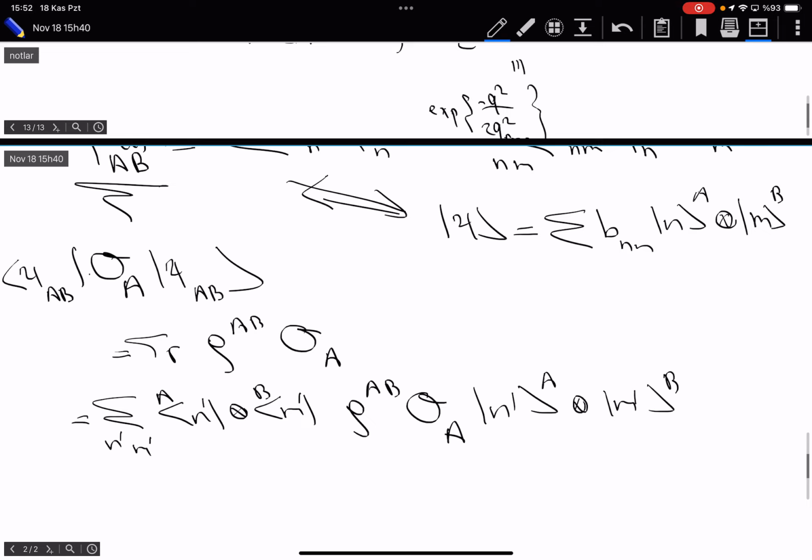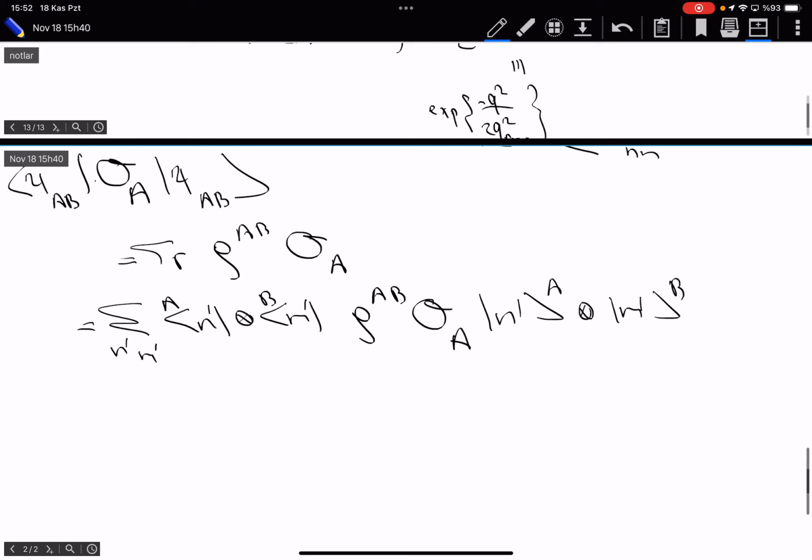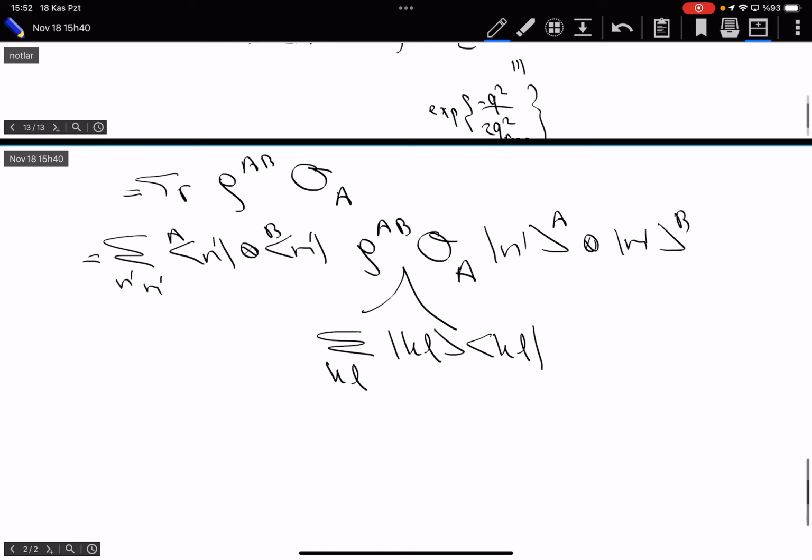This is what we mean by that trace. But you see, this O_A only acts on the A system. So let me even first introduce an identity over there, K L. K are the quantum numbers of the A system, L are the quantum numbers of the B system.